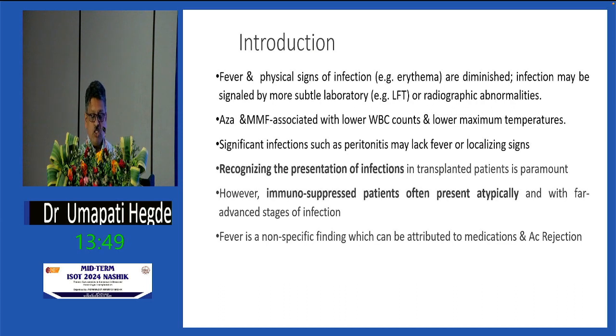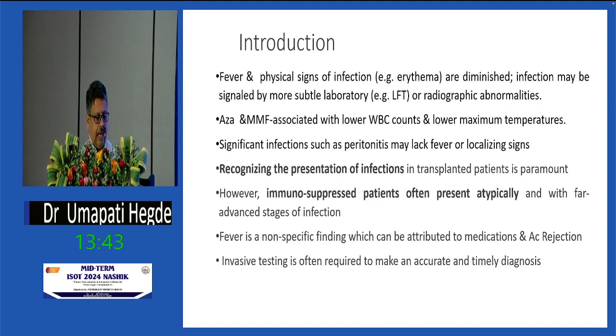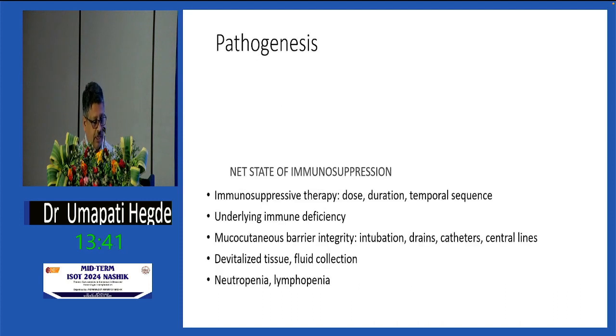Fever is non-specific. It may be attributable to immunological disease like acute rejection. So we have to be careful, and invasive testing will be required. We all know that the net immunosuppression decides the infection: the immunosuppressive dose, duration, and sequence, whether we are using depleting or non-depleting agents, and the underlying immunosuppression.